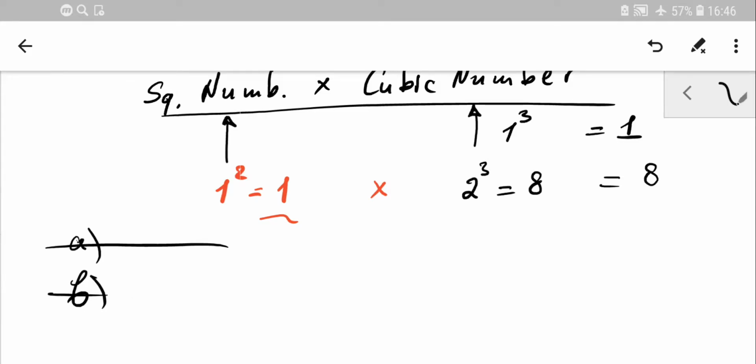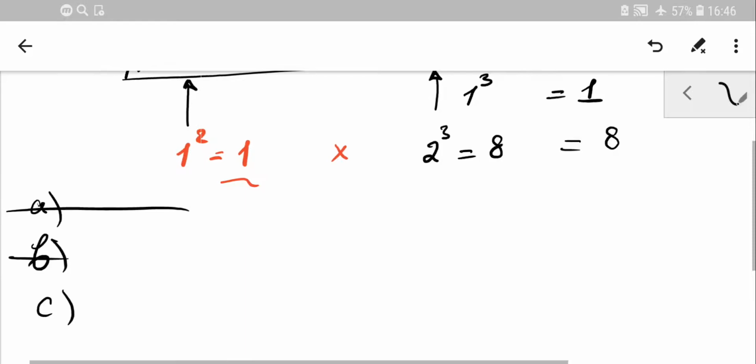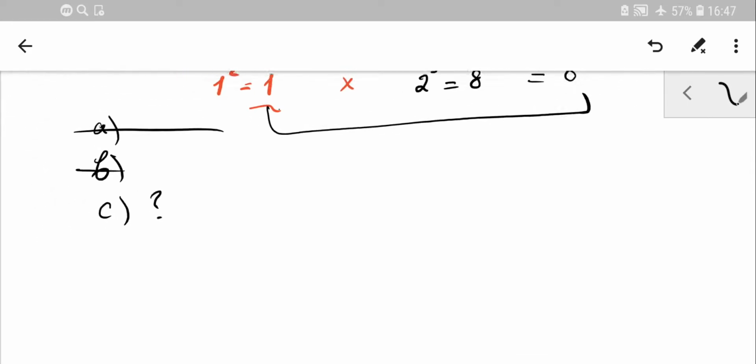Okay, statement C: sometimes a square, sometimes a cube number. It looks like this is the case, but sometimes means that it might also be another type of number, not square and not cubic at all. So we'll stay at C and come back later.